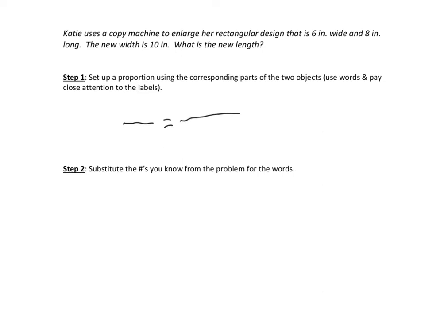In this top part right here, I always want to put what we're looking for. So that's the new length. That means the length is going to be on this side, so the width will be on this side. Now I have new on top, so that means the original will be on bottom.